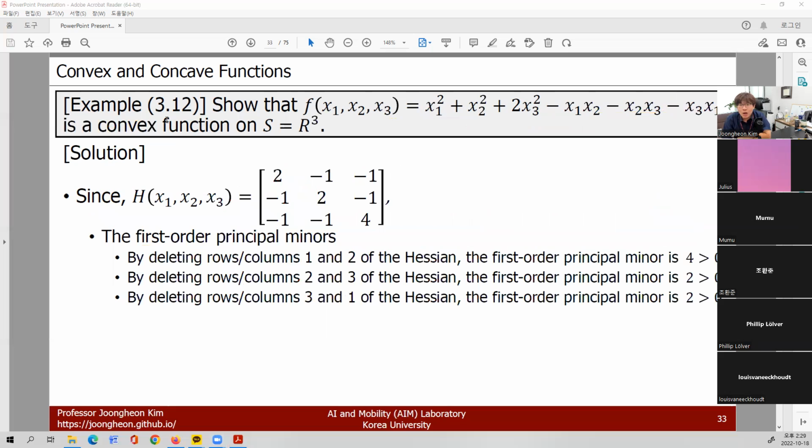So now let's extend the dimension of the function, right? You have 3 variables, right? So now you have to make a Hessian. You do a 3 by 3 because you have 3 variables, right?